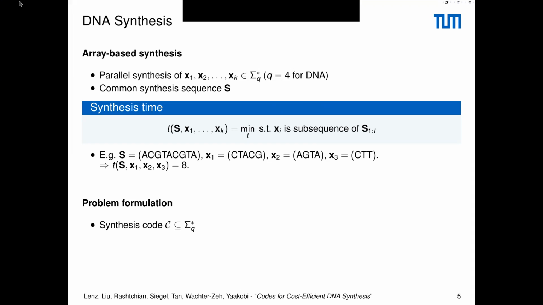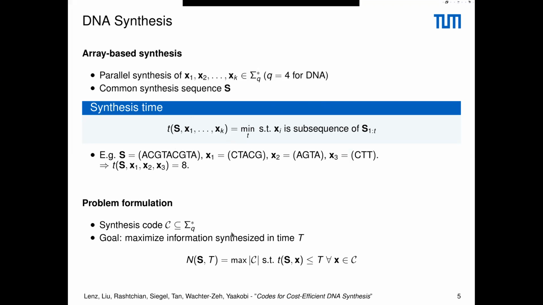What we are going to do is restrict the sequences to be synthesized to a specific code, denoted by C, which is just a subset of all of the sequences over the alphabet Q, such that the synthesis time is small.